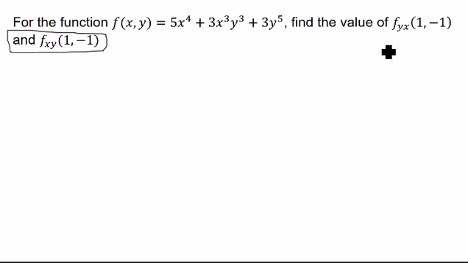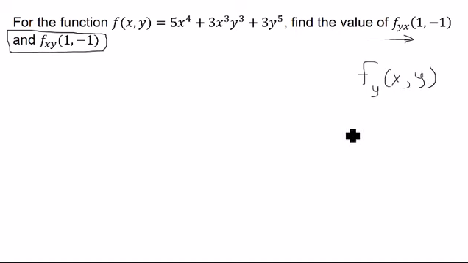Now remember, we're going to move from left to right. So we're going to differentiate this with respect to y, and then we're going to differentiate with respect to x. So the steps are to find the partial derivative of this function f with respect to y, x comma y.